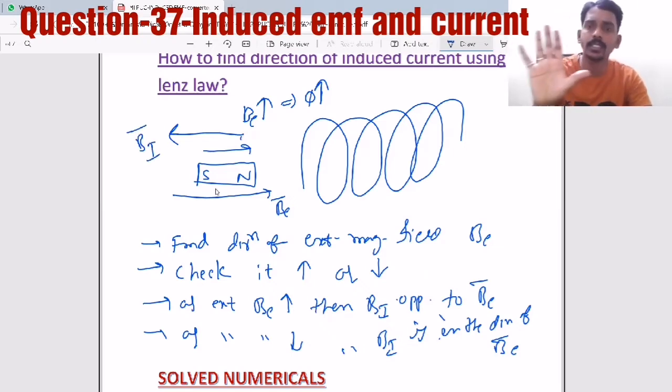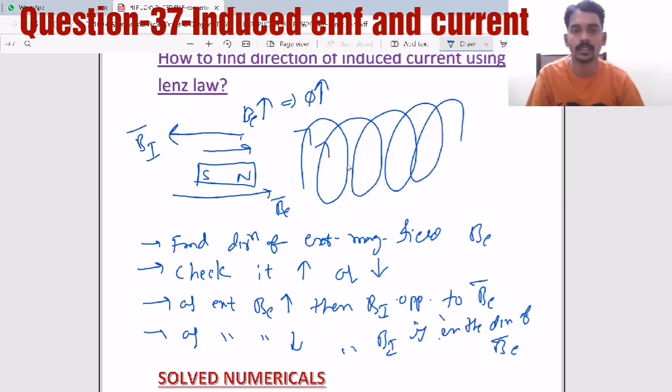Now that this is the field direction, the current should be induced in this way, so the current will go like this. Now it will act like a dipole: this side south pole, this side north pole.